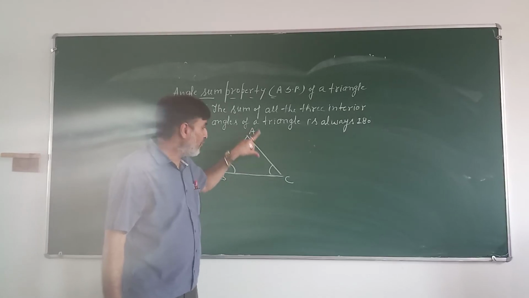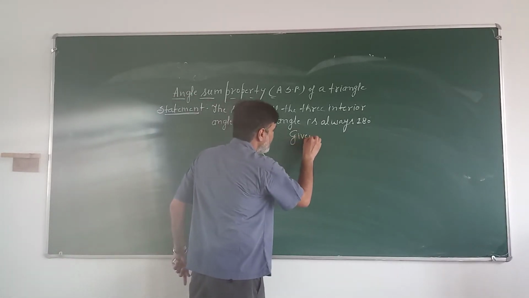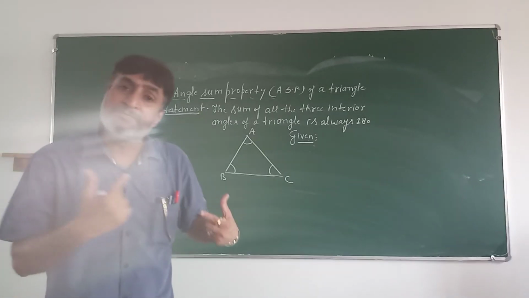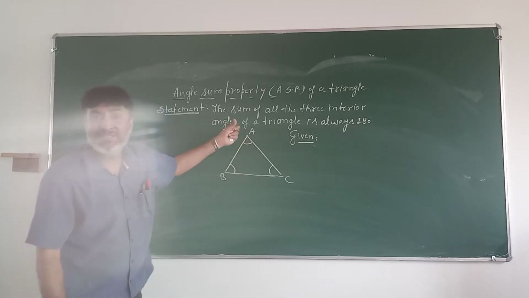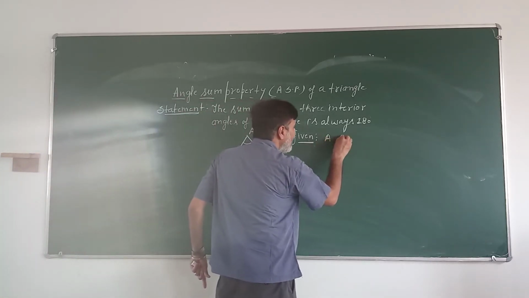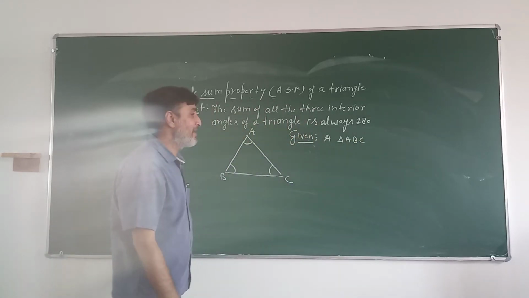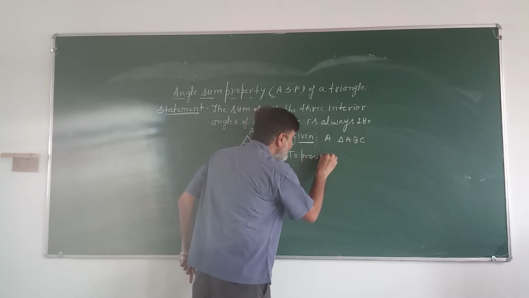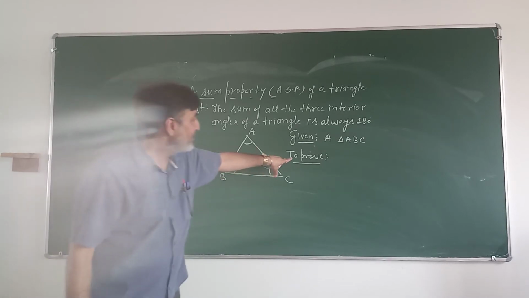First step of proving this theorem is given. In this we write everything which is given in the question. Here only a triangle ABC is given. So in given we write triangle ABC. Second step, to prove. In this step, whatever we want to prove, we write in this second step.